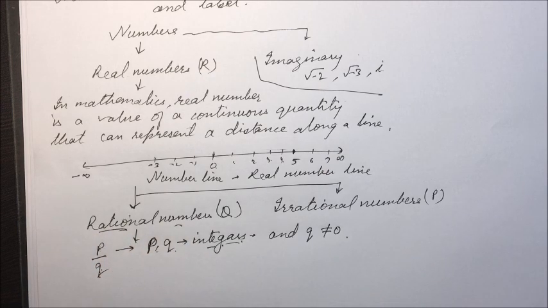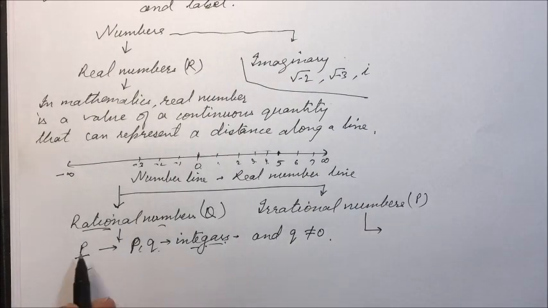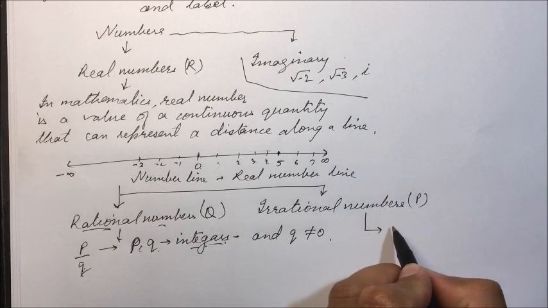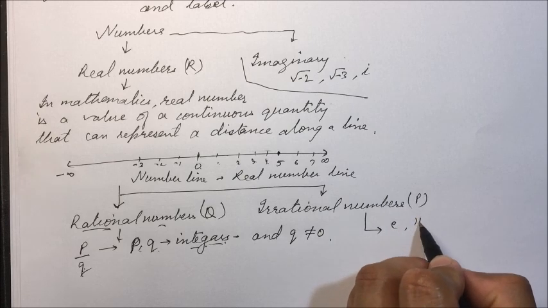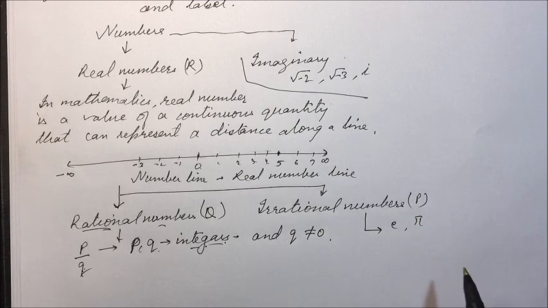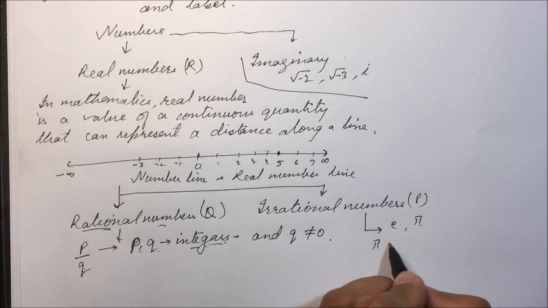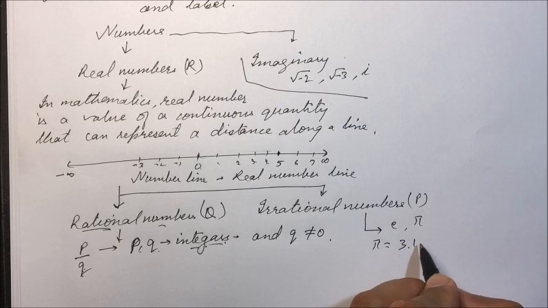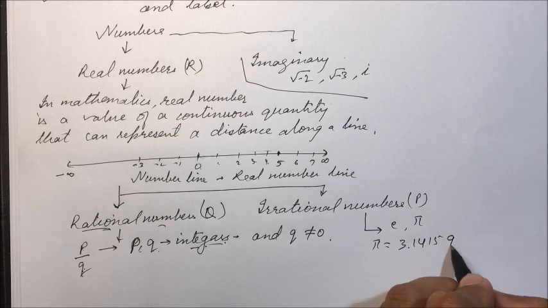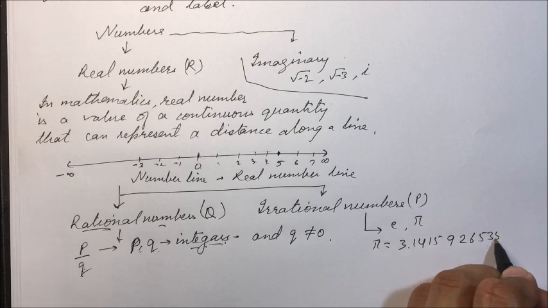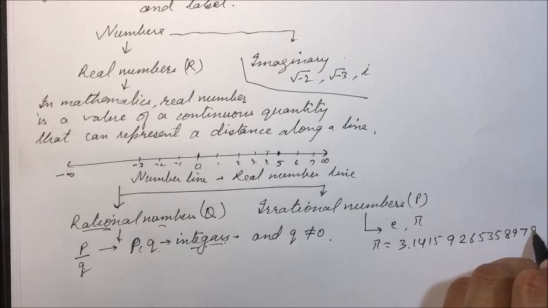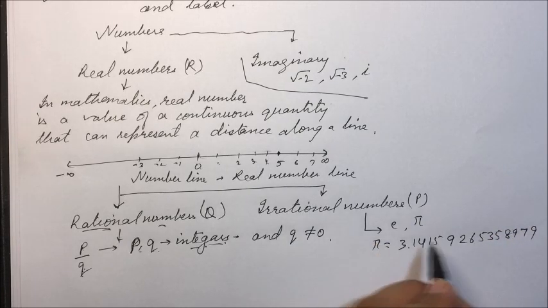Now how to define an irrational number? An irrational number cannot be represented in the form of p by q. That number we call an irrational number. For example, e or pi, these are irrational numbers because the value of pi equals 3.141592653589979.